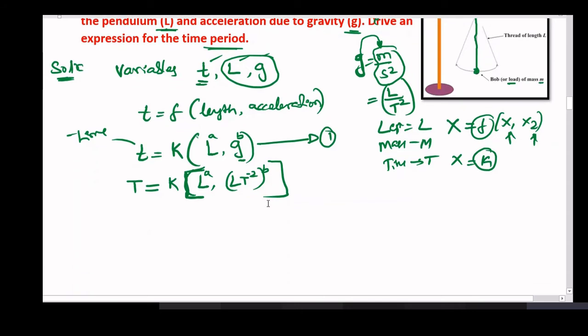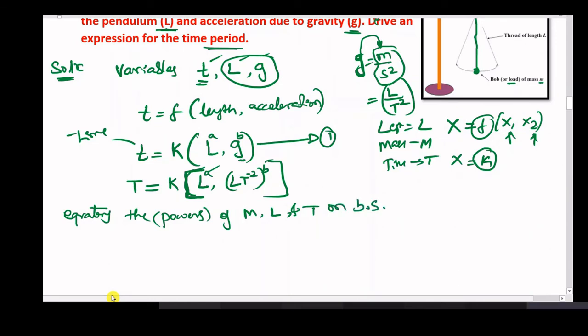So the next step is to compare the powers on both sides, equating the powers, nothing but these powers a and b. Don't think that again the power is 2 pi n t like that. Equate the powers of the dimensions M, L and T on both sides.